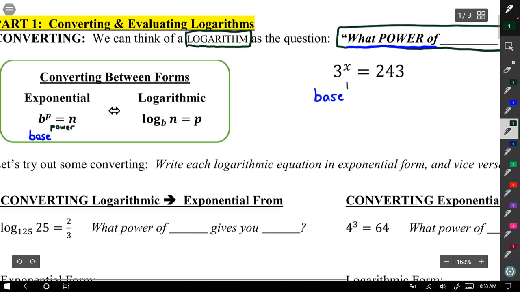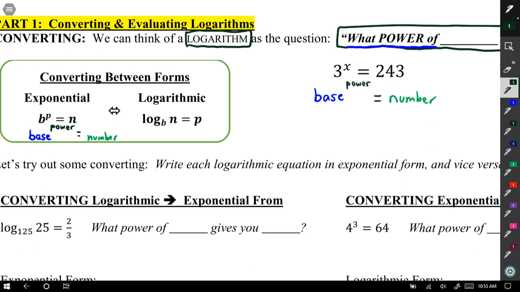And so in this case, my power is x. And I'm using n for just number. And so in this case, 243 is my number. And so that's exponential form. We're used to that from the previous lessons.